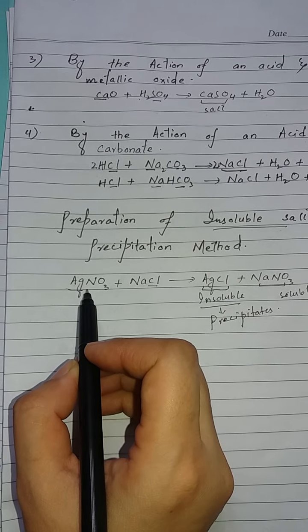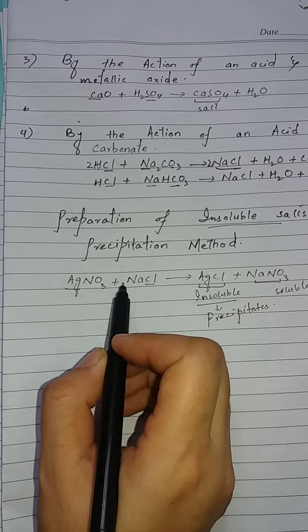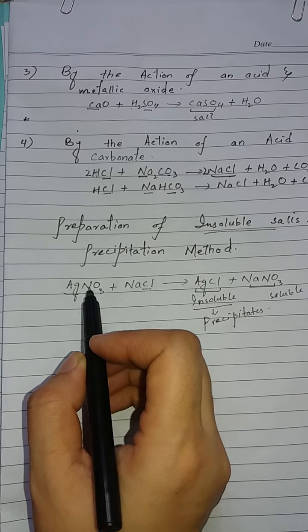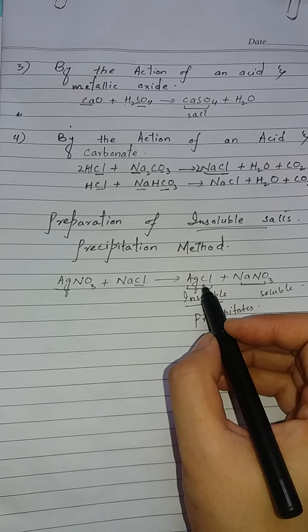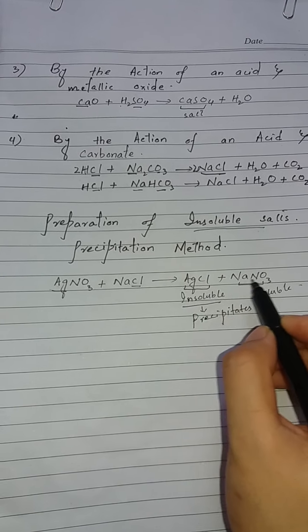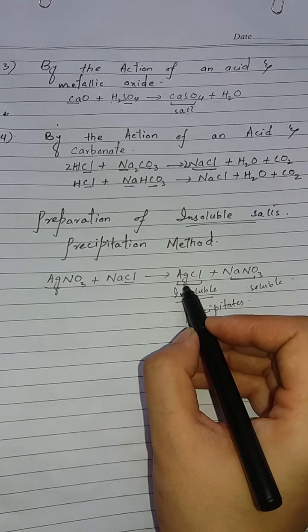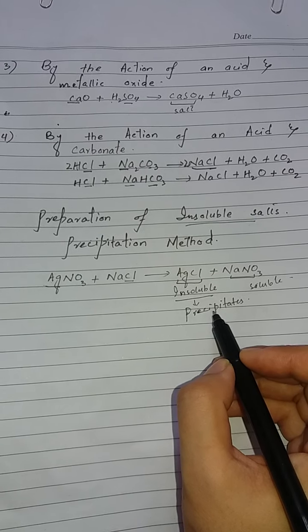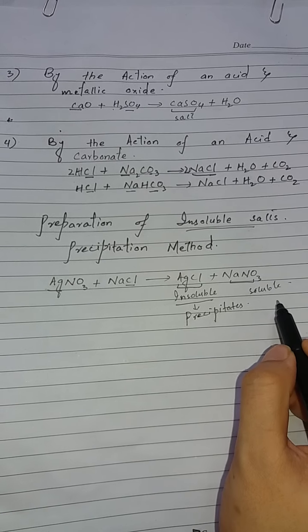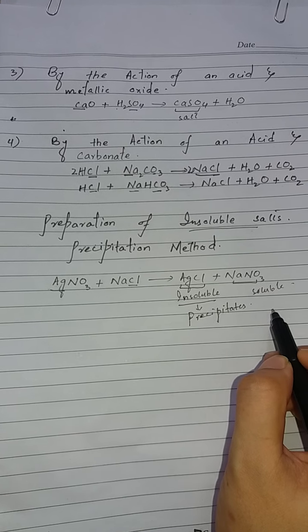So when aqueous solutions of soluble salts are mixed with each other, they form insoluble salt and soluble salt. Insoluble salts settle down in the form of precipitates. From here these insoluble salts are separated.